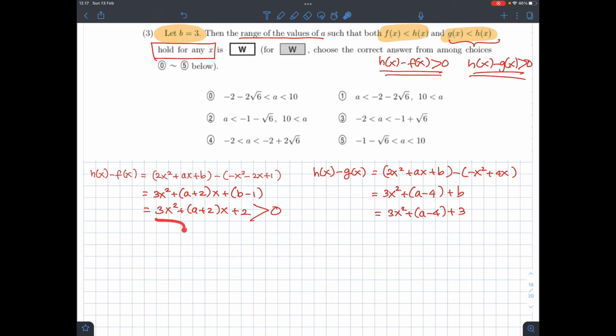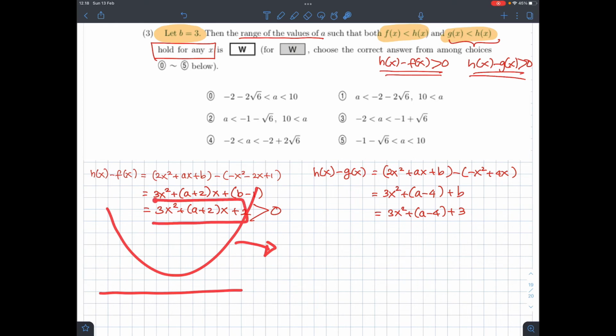This is a quadratic function, right? It means no matter the value of x you substitute, it always gives you a positive value. So this is the sketch, the quadratic function of this one. No matter what value of x you put, the result is always positive.